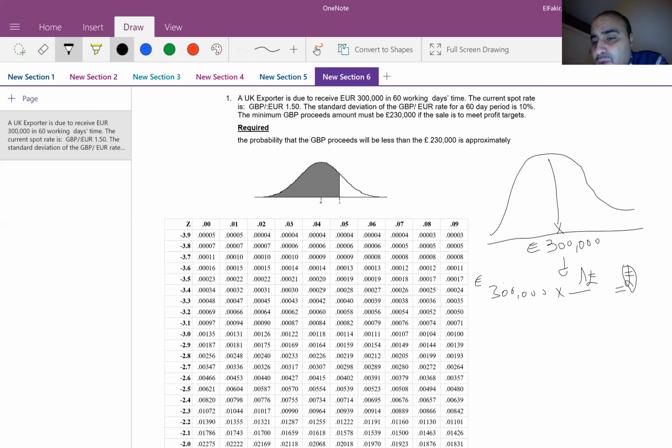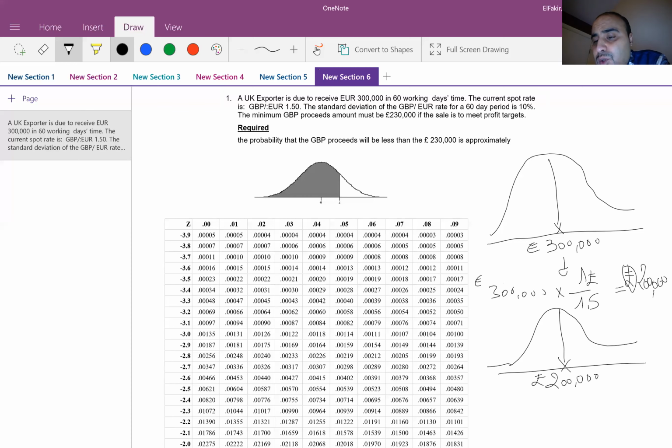That's £1 equivalent to 1.5, which is actually given in the data, okay? And that should give you 200,000 pound. So if we reformulate the graph that we did before in pound now, we have an average value of 200,000 pound instead of 300,000 euro.